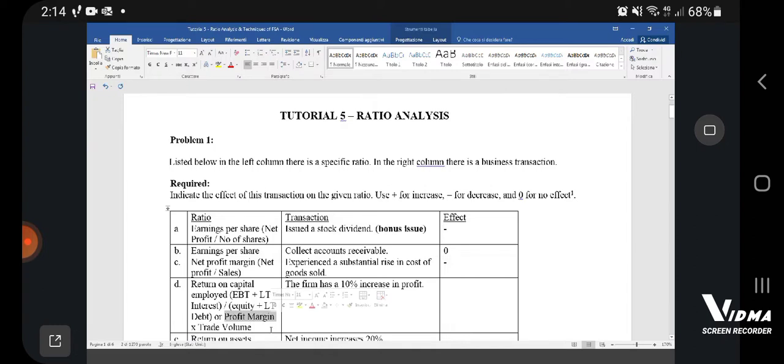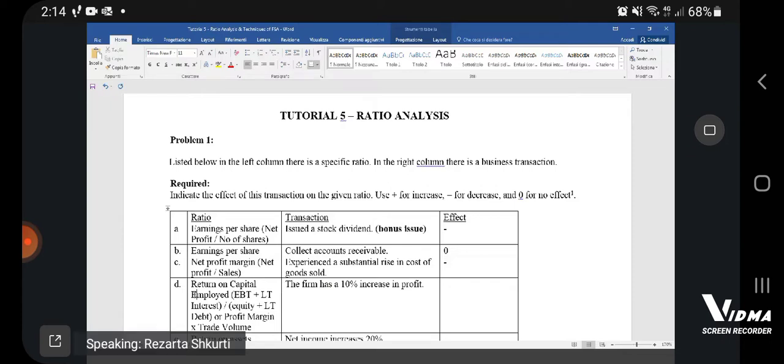This is the profit margin, and this is the adjusted profit margin for use in the return on capital employed. We already discussed this with some of your friends through email. I will come back to that question.